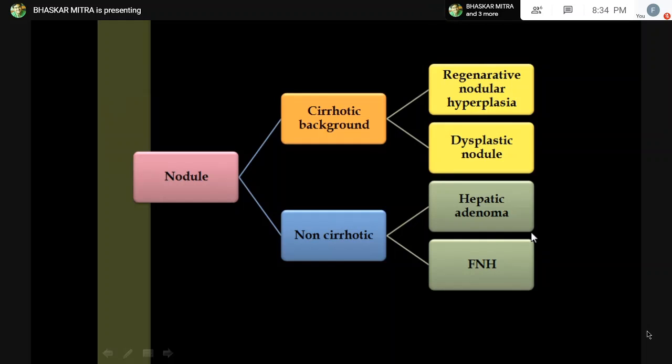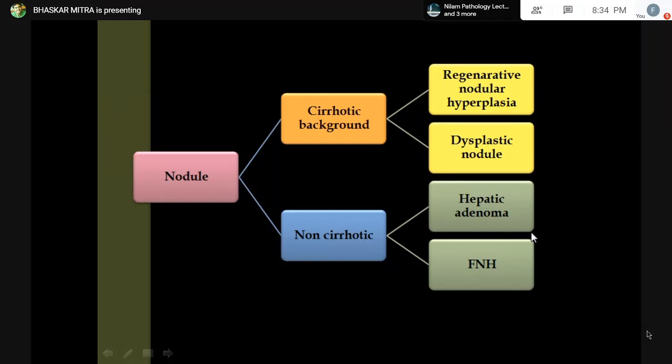Or, in another school of thought, we can start with the reticulin stain. What is the architecture? In the reticulin stain, what is the hepatic cord thickness? If it is less than 2 to 3 cells, again we can consider FNH, regenerative hyperplasia or hepatocellular adenoma. If it is more than 3 cell layers, then we will definitely go for the hepatocellular carcinoma group.